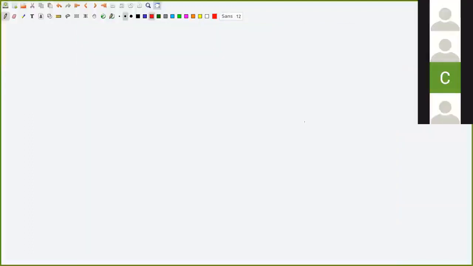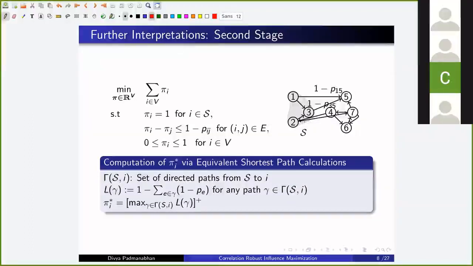One additional point is that you can do something even smarter than solving the LP. The LP itself has an interpretation as a shortest path problem, so you can use standard methods. The reason is this constraint. If you simplify the constraint a little further, the pi i stars boil down to evaluating a number over all paths.